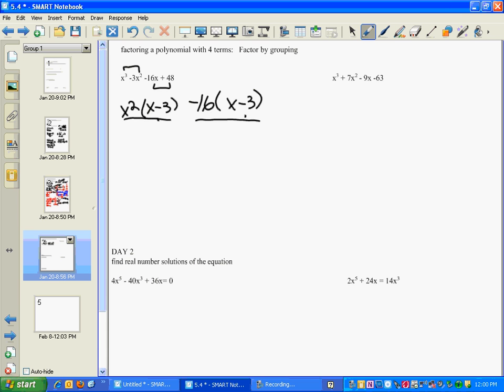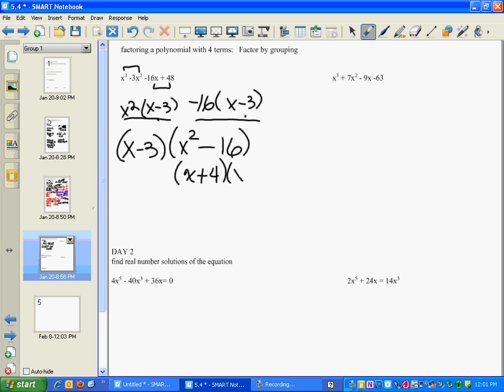What's common in both of those terms? So I'm factoring out the fact that it's common, x minus 3. What's left in my first term? And what's left in my next term? And then we always ask, can I factor further? Can I factor x minus 3 further? Because it's linear. Can I factor x squared minus 16? What is x squared minus 16?